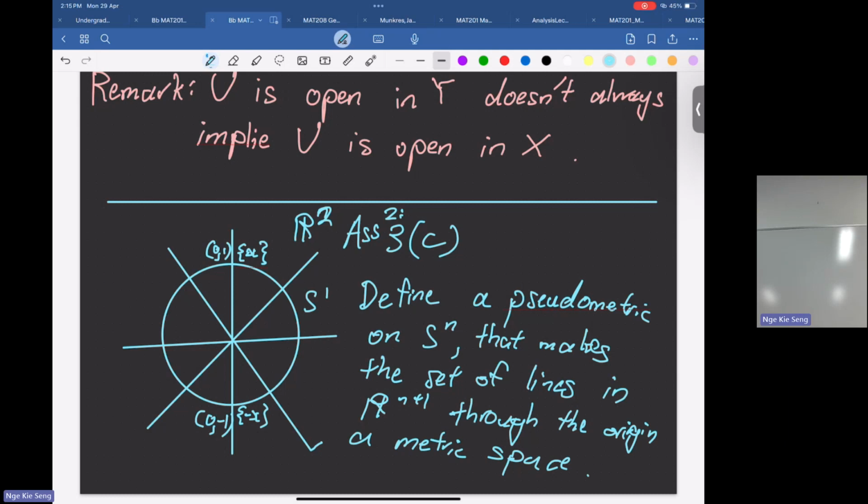So I collect all the different points together when their distance is 0. Does it make sense? And then the second part, if x star is the set of equivalence classes under this relation, meaning what?